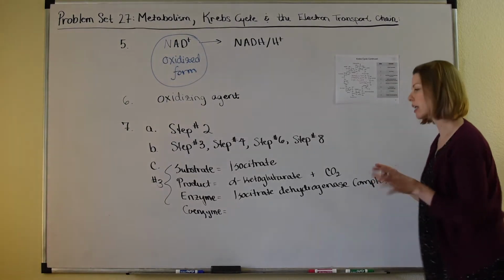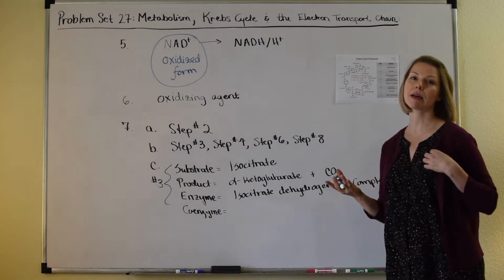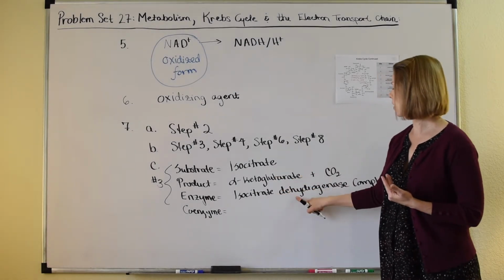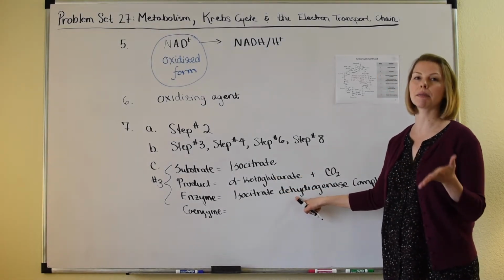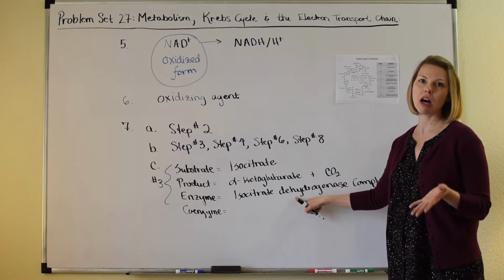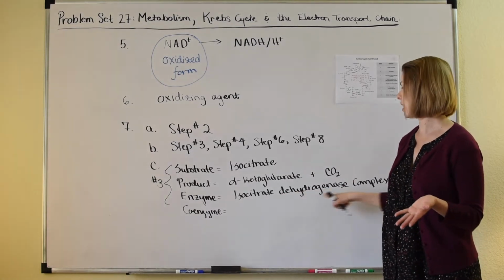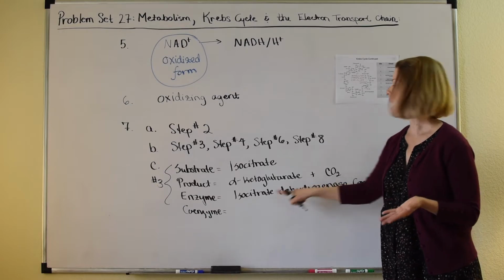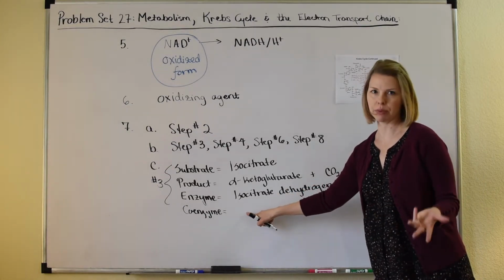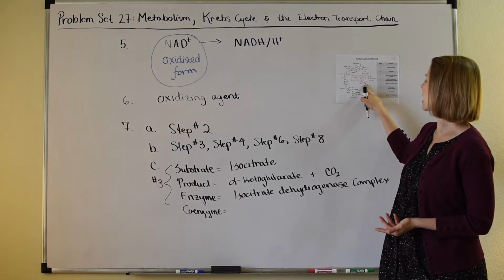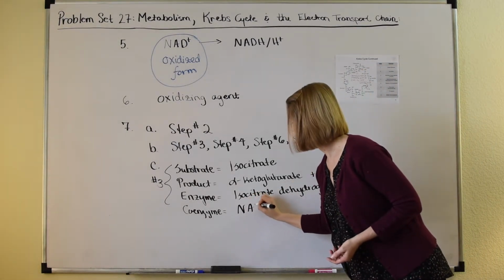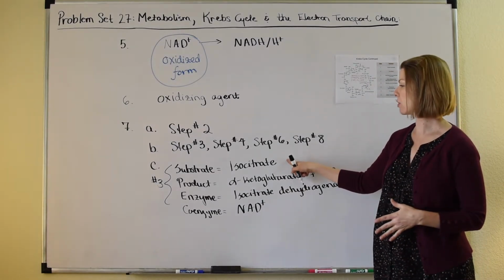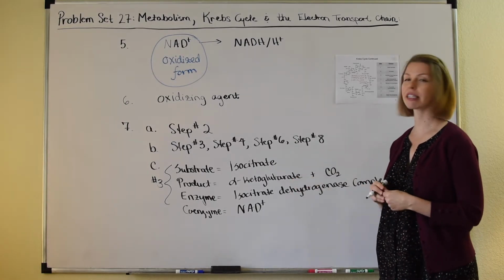Now we can kind of check here that makes sense because remember the enzyme names typically will tell you something about the substrate which they act upon, and sometimes they'll tell you what kind of a reaction they're catalyzing. So dehydrogenase, so an oxidoreductase. That makes sense because we see an oxidation happening here. And then we have a coenzyme being reduced. The coenzyme is NAD+. And it's going to be reduced to NADH as the isocitrate gets oxidized to these products.